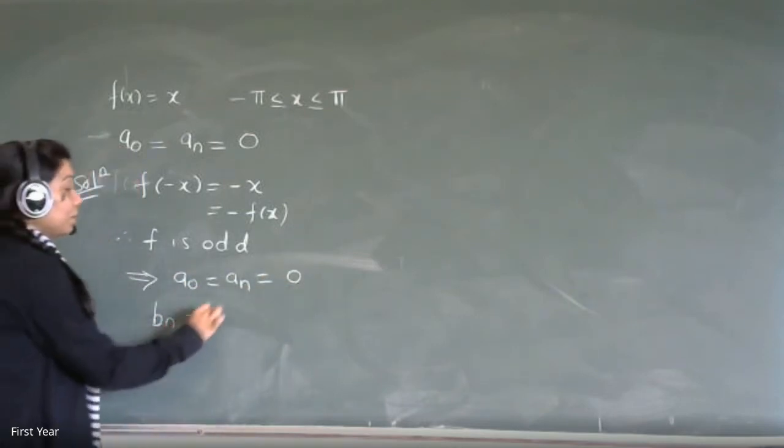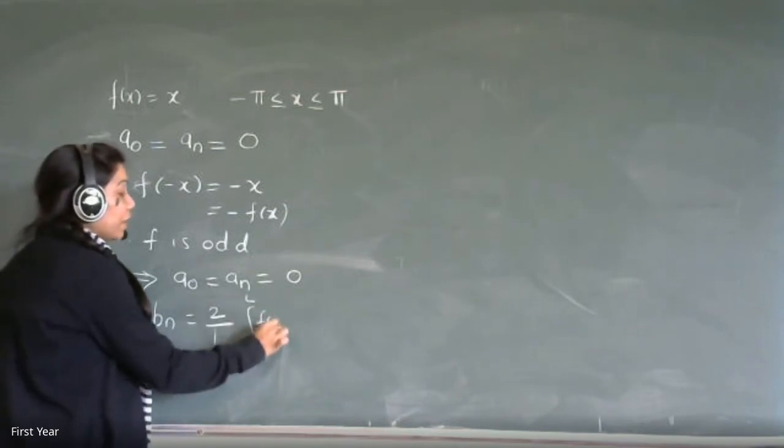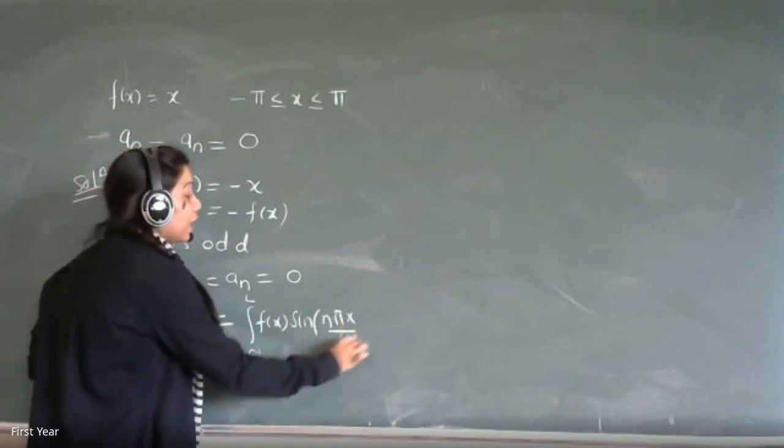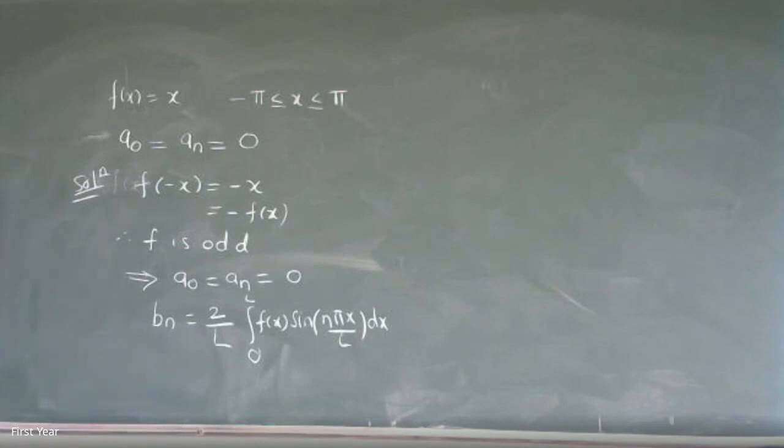bn is equal to 2 by n integration 0 to n f of x into sine of n pi x by n. Is this okay? This is the Fourier series expansion.